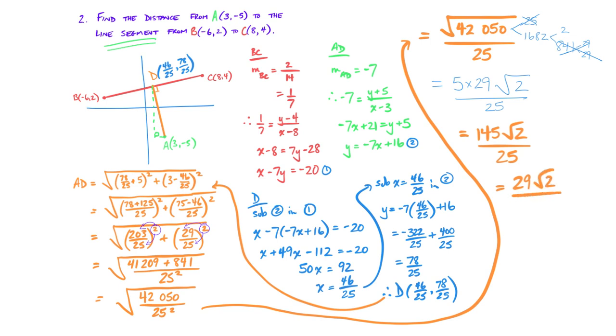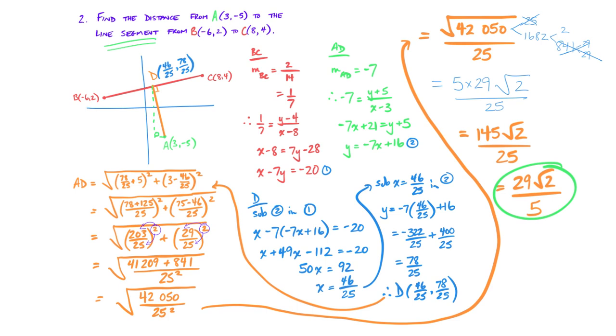And take your 25 and divide it by 5, you get back to 5. Holy cow. Okay, that was messy. But we finally answered the question. What is the distance from point A to that line segment? All the way at the end, it's 29 root 2 fifths is our distance.